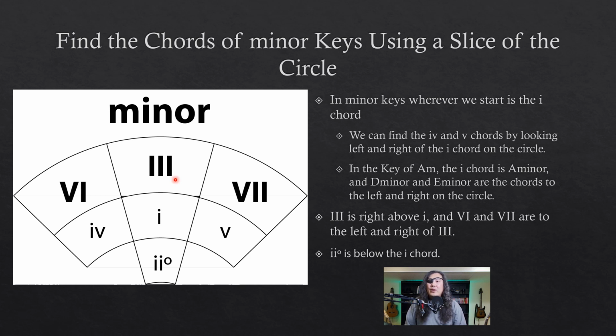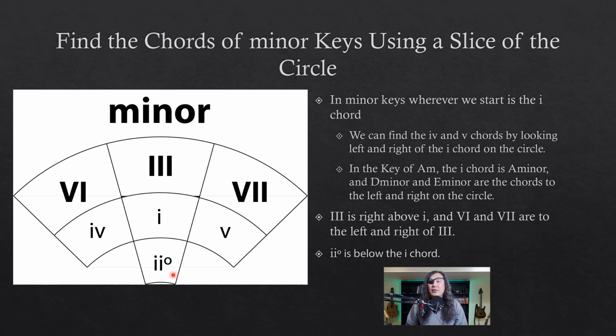And then if we move 1 ring in from the 1 chord to the innermost ring, we get our 2 chord, which is diminished in a minor key. So by laying this slice anywhere on the circle of fifths, we can figure out and quickly see visually all the chords in that minor key.